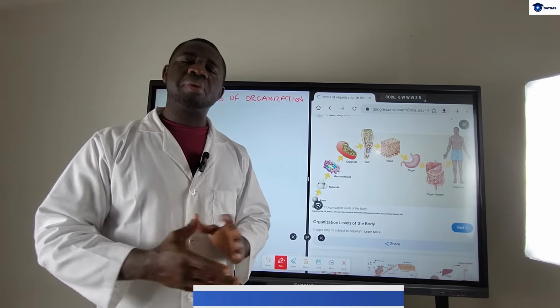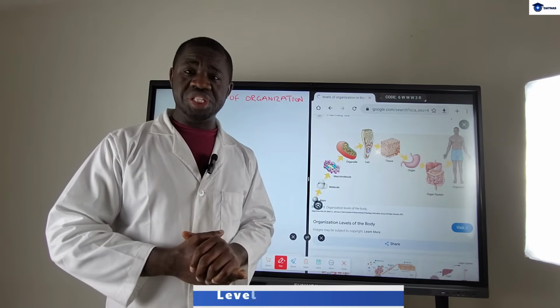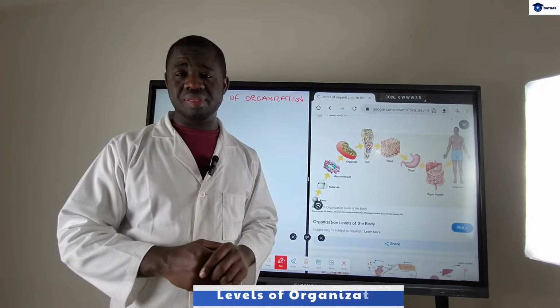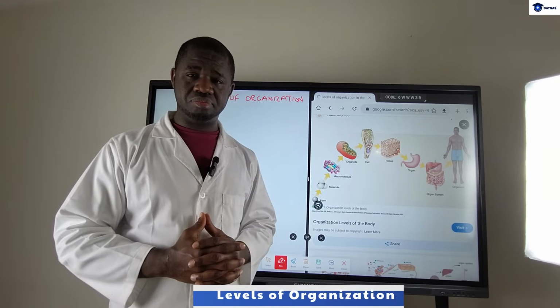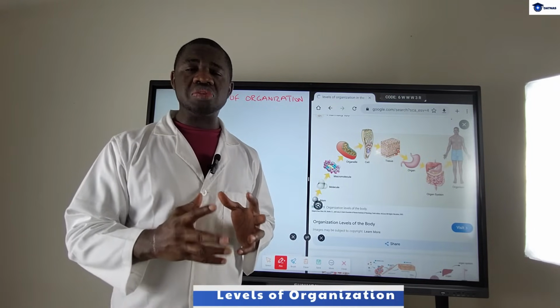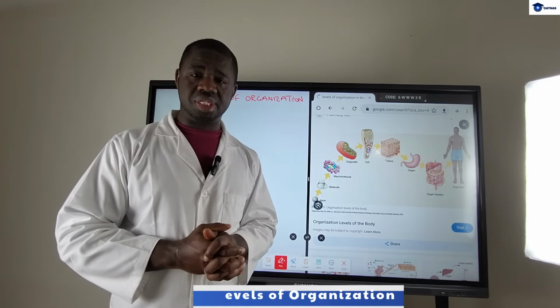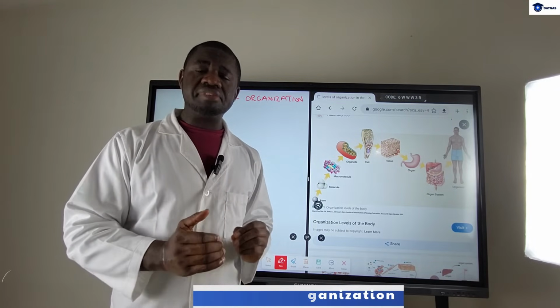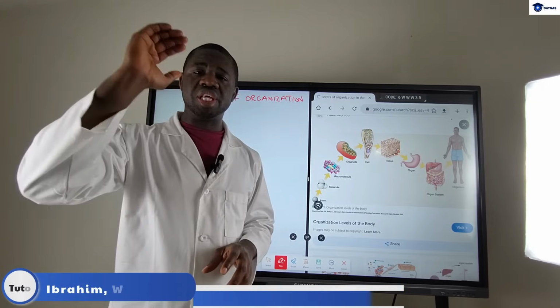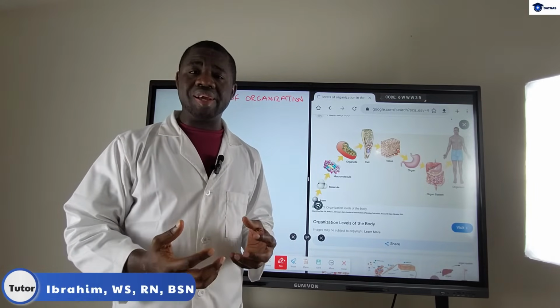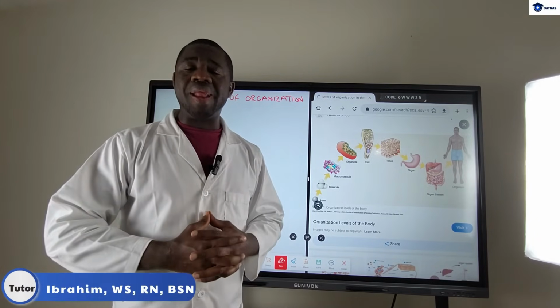The second topic to deal with is the levels of organization. This concept is telling us that as we move from a lower stage to higher stage, man increases in complexity.